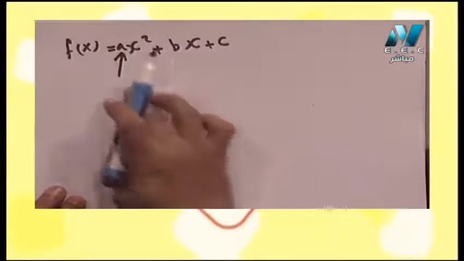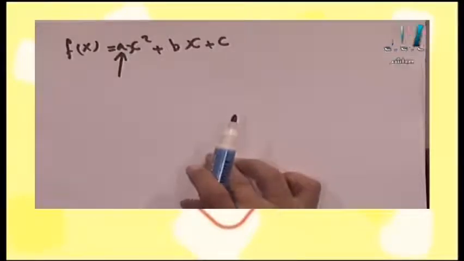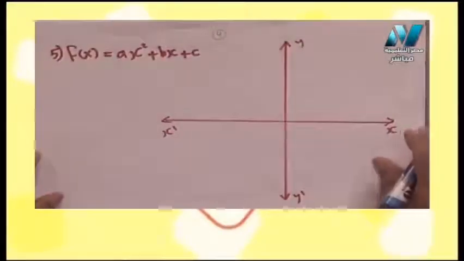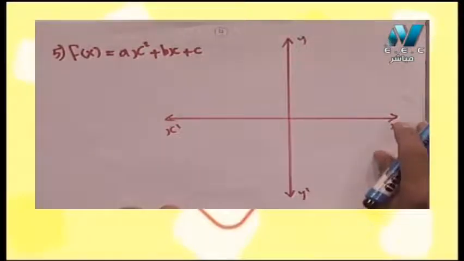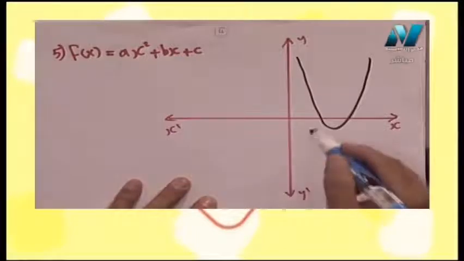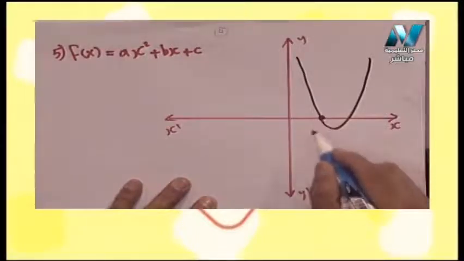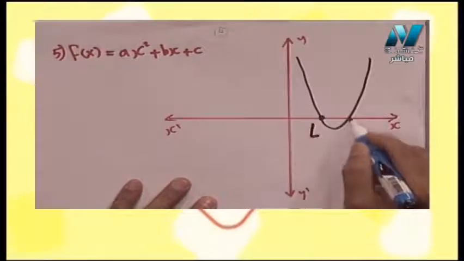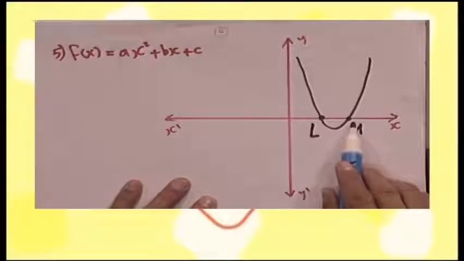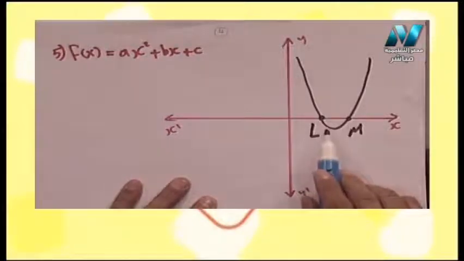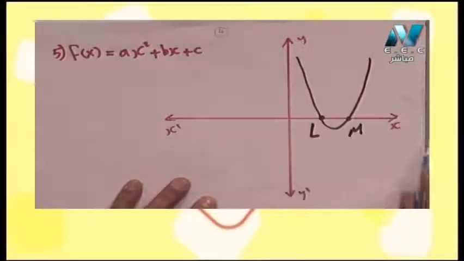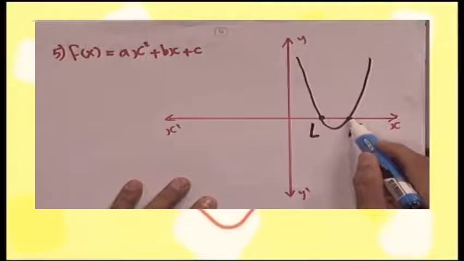So if we have a quadratic function like that, and we have its graph here like that, this point is L and this point is M, so L and M will be the roots of the function. We know that the intersection points of the curve and the x-axis are the roots of what?